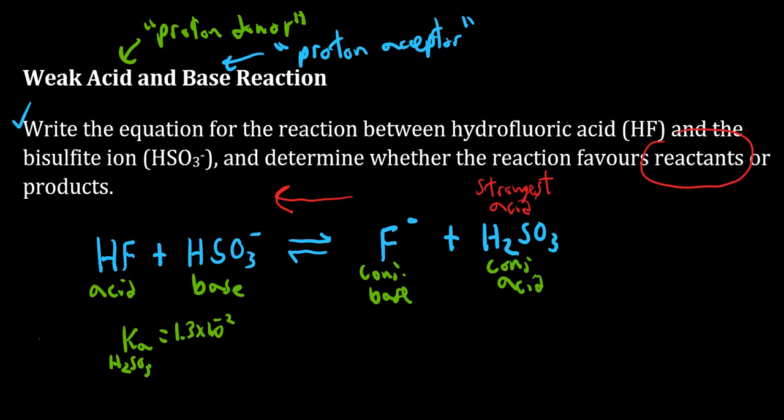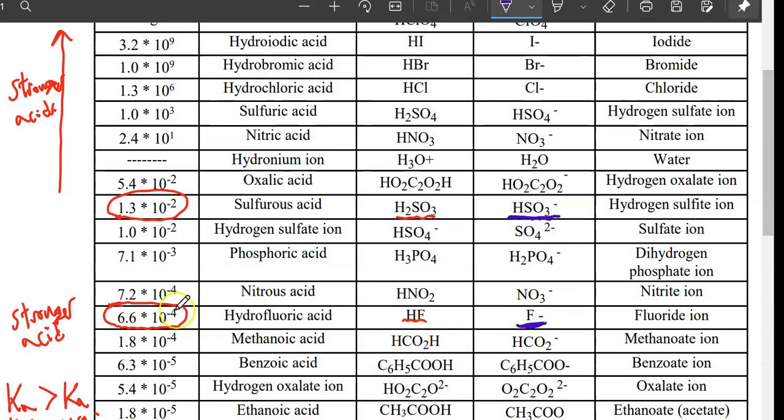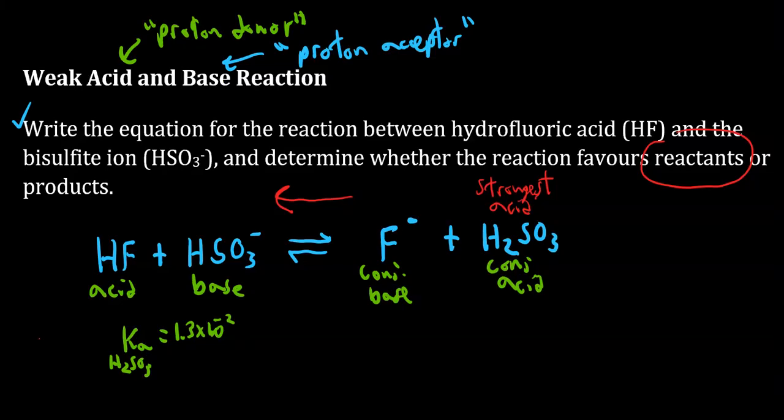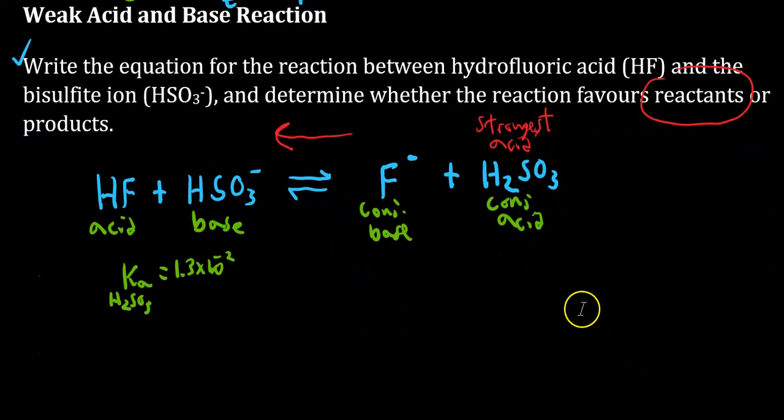And for F minus, the Ka for the conjugate acid HF is 6.6 times 10 to the negative 4.